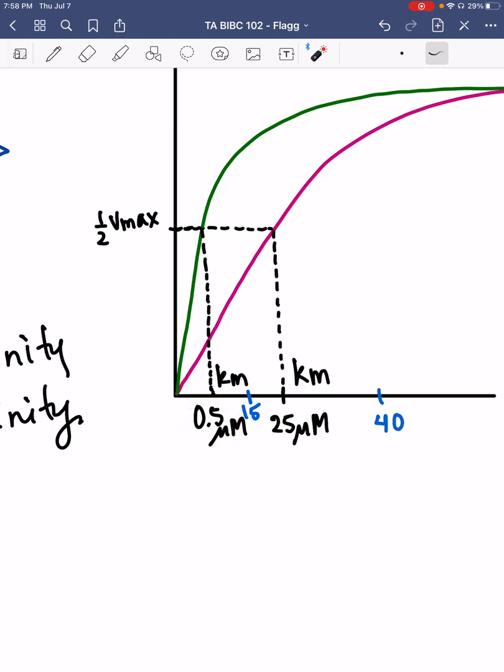So when we start concentrations from 15 and up, this green enzyme is already going to be working at more than its 50% of Vmax, whereas this one at 15 micromolar is not going to be working at its half Vmax. Okay, so this one will be much, much faster at any given concentration between 15 and 40 micromolar.